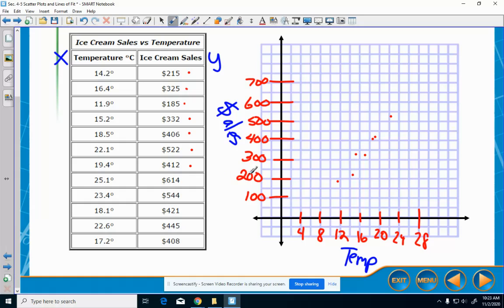Remember, every one of our units there is 50, so floating something in the middle of a box should represent roughly 25.